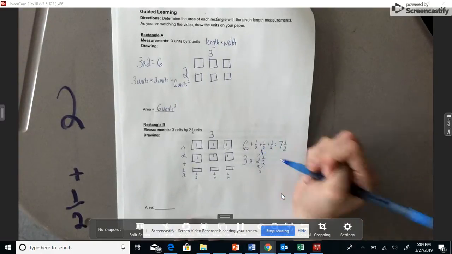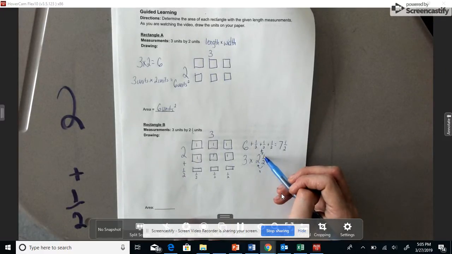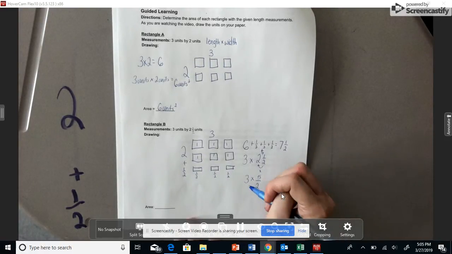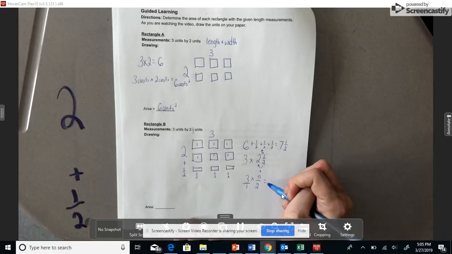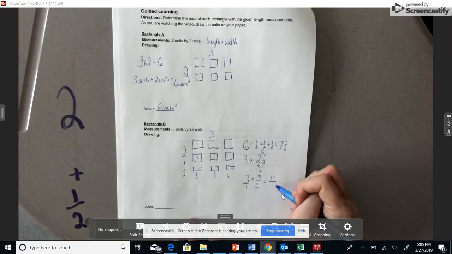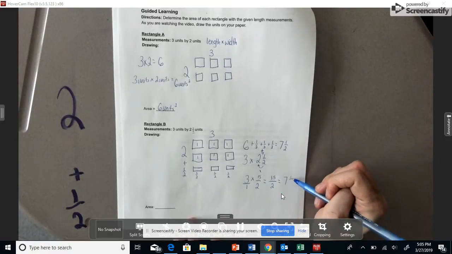So 2 times 2 is 4, plus 1 is 5. So now we have 3 times 5 halves. 3 is the same as 3 over 1. So 3 times 5 is 15. 1 times 2 is 2. And 15 halves is the same as 7 and 1/2.